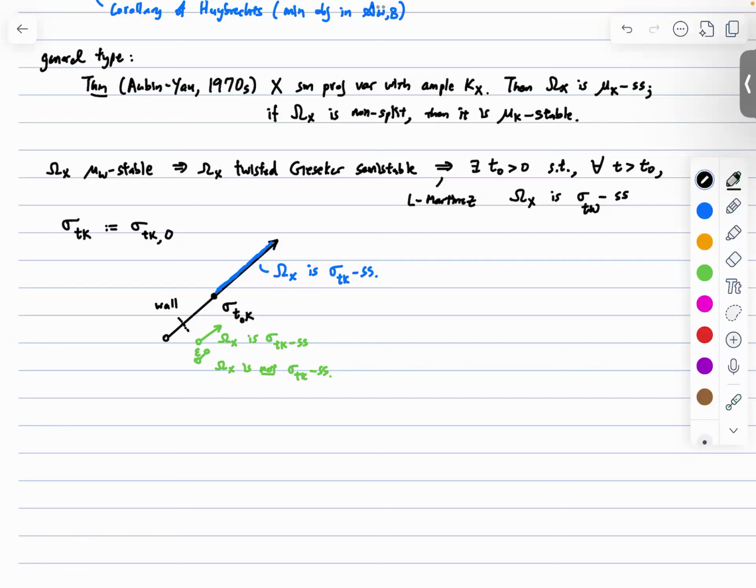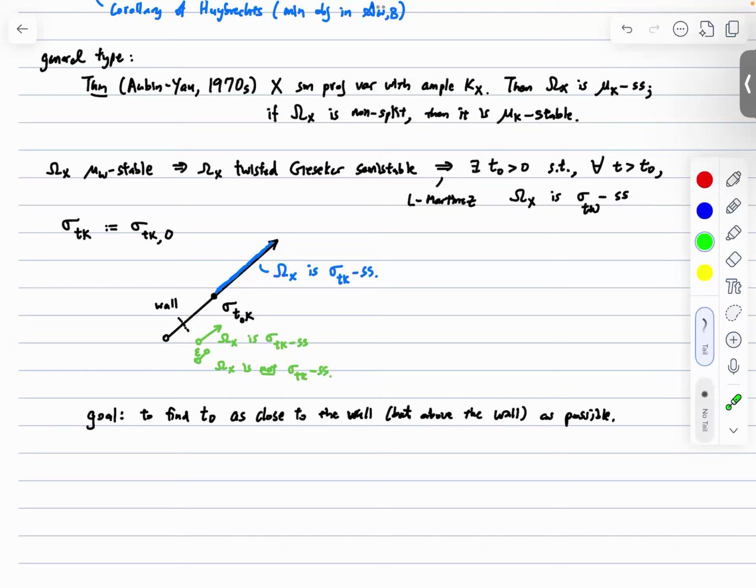And so our goal is often to find an example of T_0 that's as close to this wall as possible, but above the wall. So this is our goal when it comes to concrete computations.